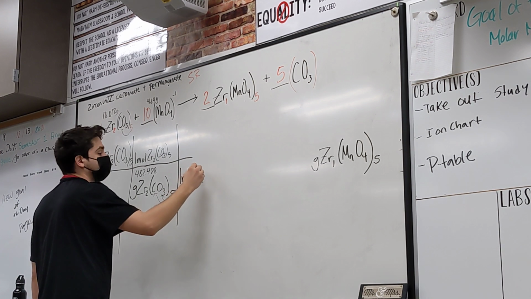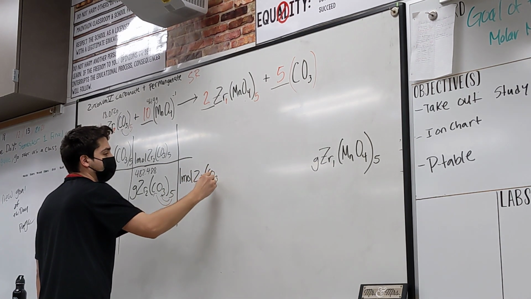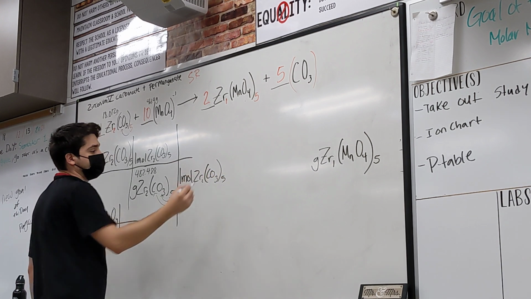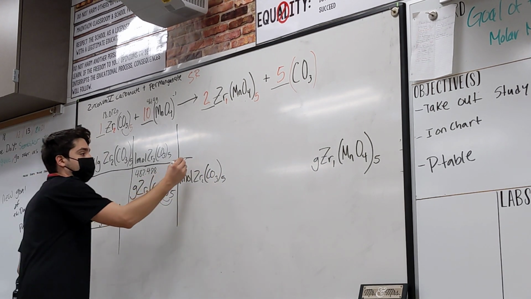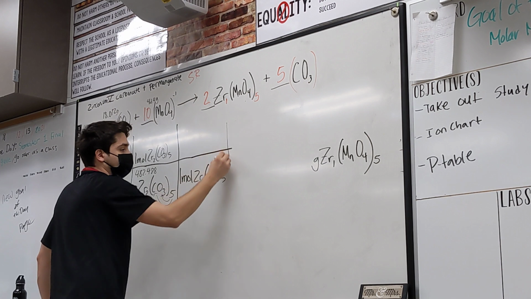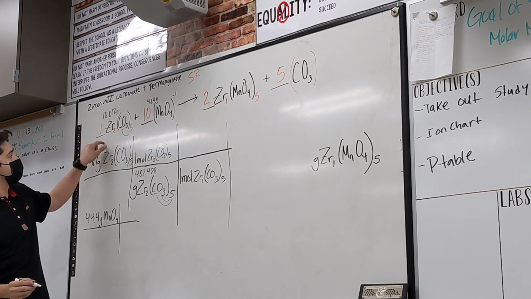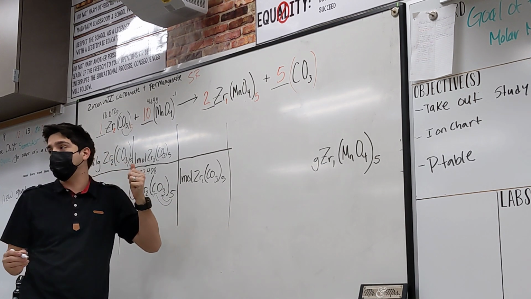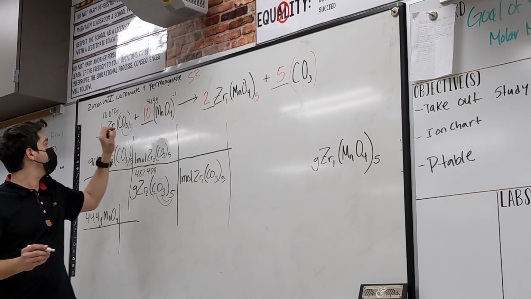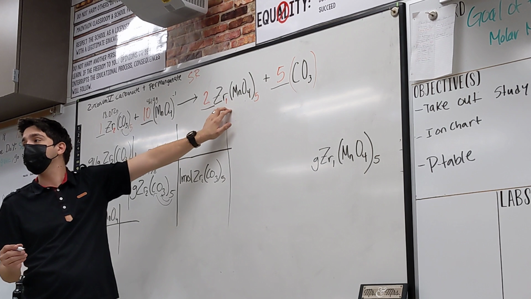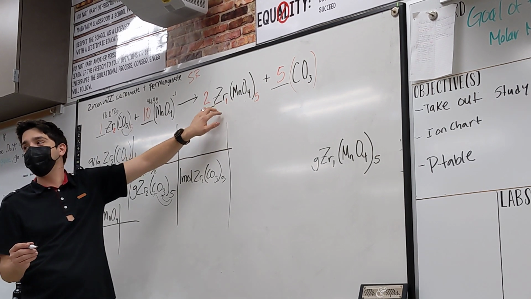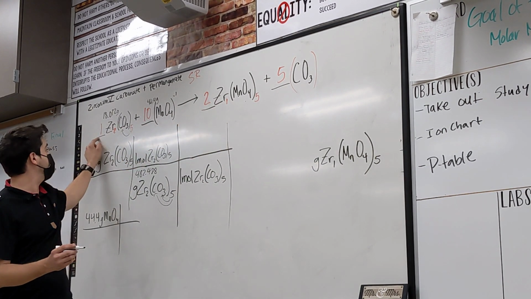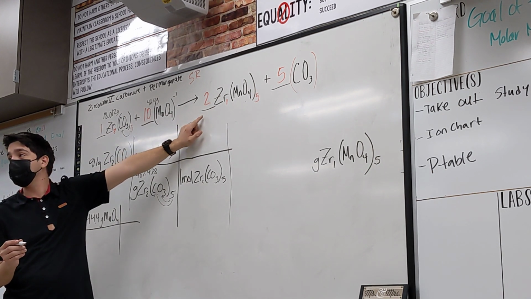ZR2 CO3 5. All right, so for every 1 mole of ZR2 CO3 5, how many moles of ZR MnO4? For every one of these, how many of these? It says it right here. 2.